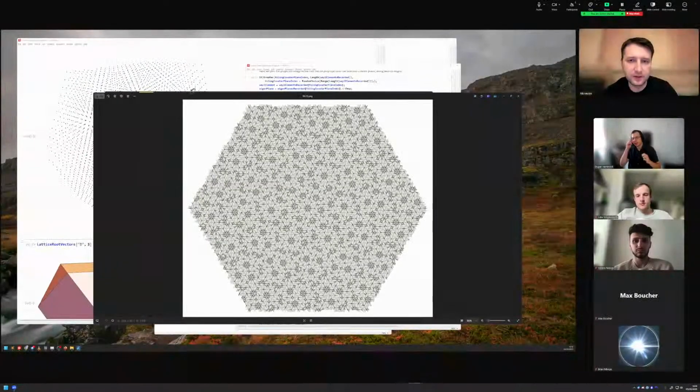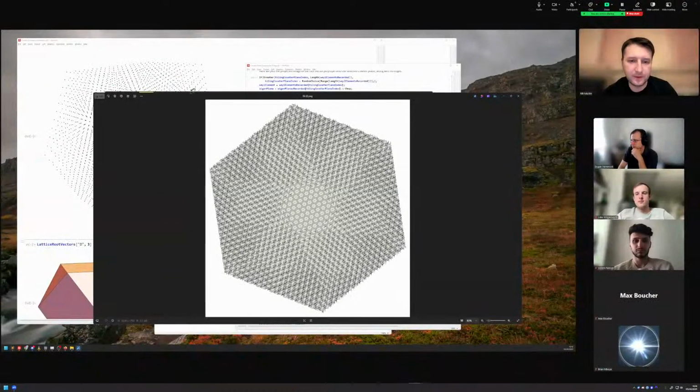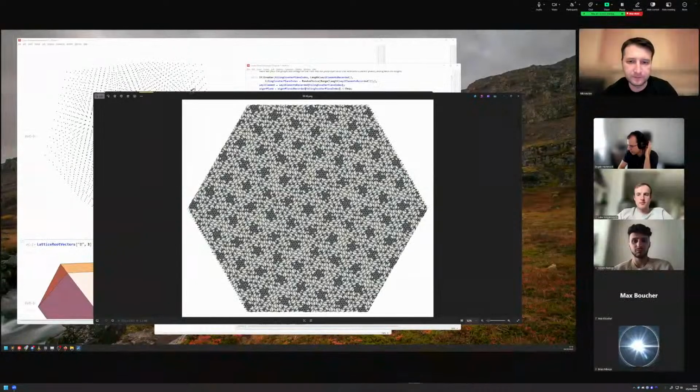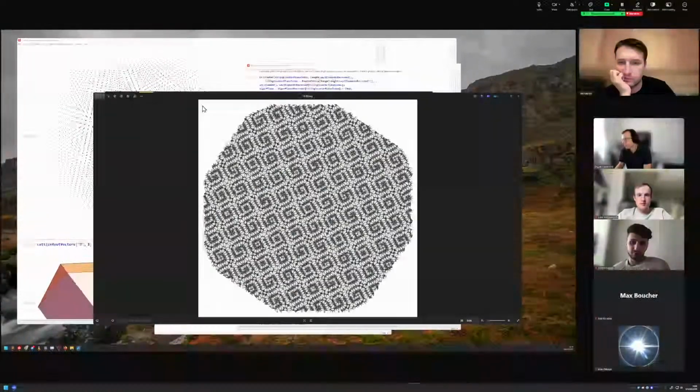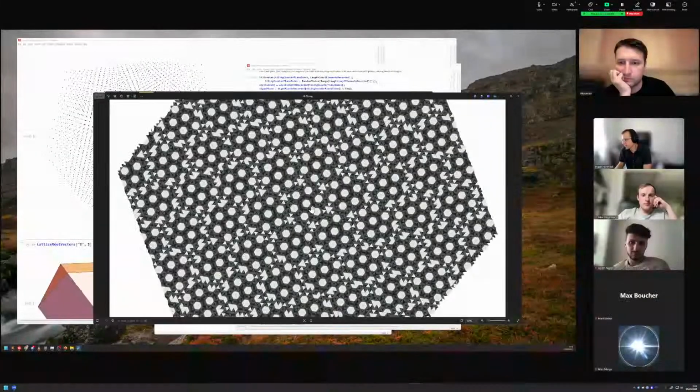Yeah, so here are some of the quasicrystals that are generated from E6 specifically. These are really fun, and especially this one.